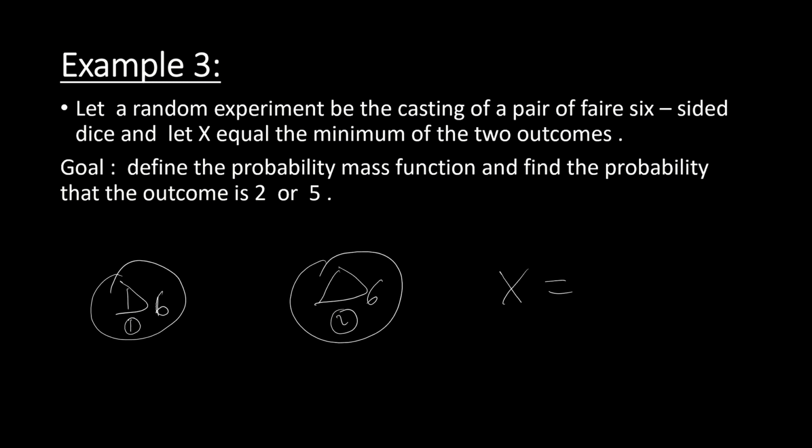Because each die has 6 sides, we can have either a 1, a 2, a 3, a 4, a 5, or a 6, right? So that's the outcome that we can get.